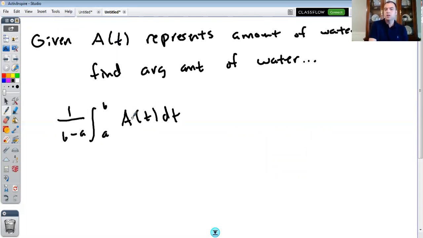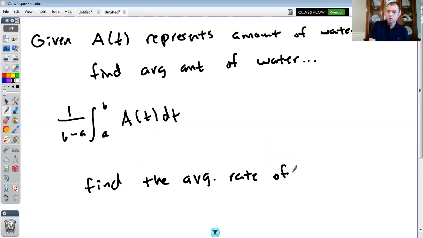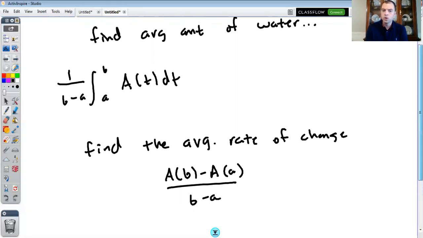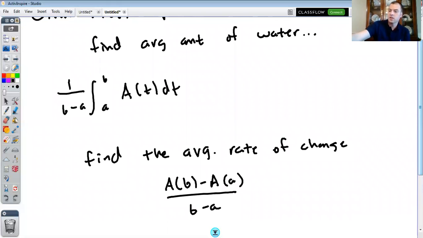I'm given A of t and asked for the average of A of t over the interval. If I was asked to find the average rate of change of the water, then I would do my slope: A of b minus A of a over b minus a.